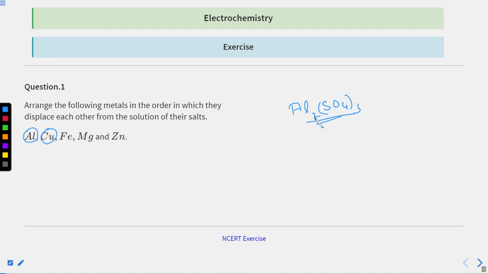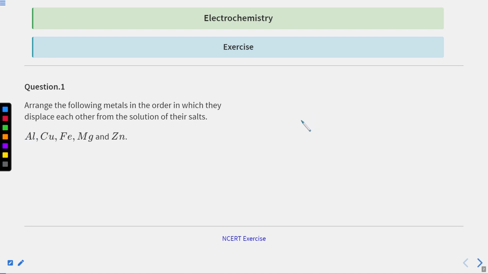So basically, whose oxidizing power is greater will be forming the salt first, or it will displace. It has the same meaning. It will displace easier in the most easy fashion. So the one with the greater oxidation potential will get oxidized.